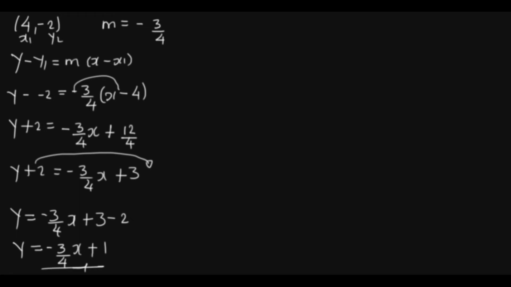Then the other way you can simplify this question, let's say from here, where we have y plus 2 is equal to negative 3 over 4x minus 4. You can first get rid of the fraction where you multiply everything by 4.